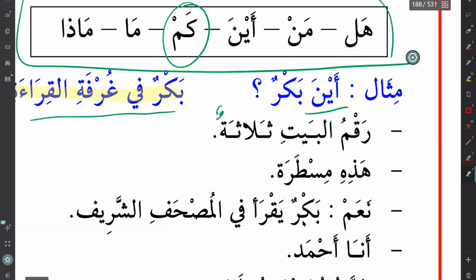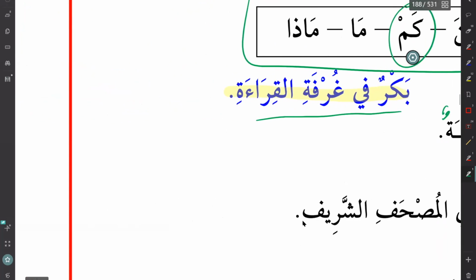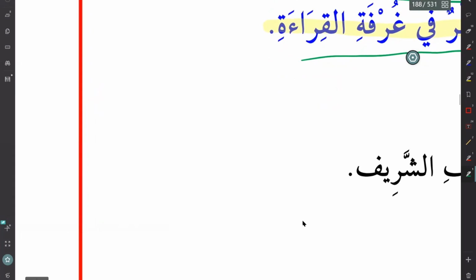Using kam can be a little bit tricky because there are some rules that we have to follow when we use kam. The basic rule, remember what we mentioned, is that after kam, we always get fatha. Remember? So we have kam kitaban. Few rules. Rule number one, it has to be singular. In English, we translate how many books.